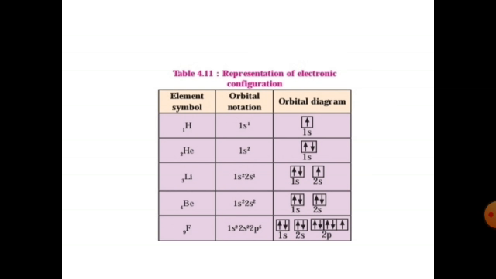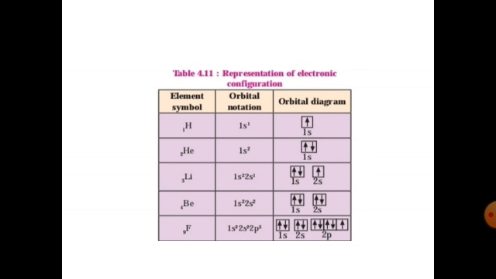Helium, He 2, 1s2. So in the 1s orbital you have to show the two electrons with opposite spin. Lithium having the electronic configuration 1s2 2s1. So for 1s2 you first show the 1s with both the electrons in parallel and anti-parallel direction, and in 2s you show only one electron in upward direction.